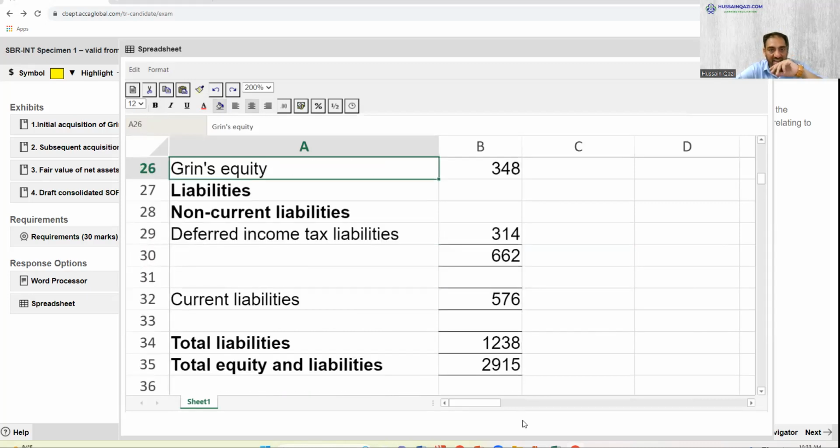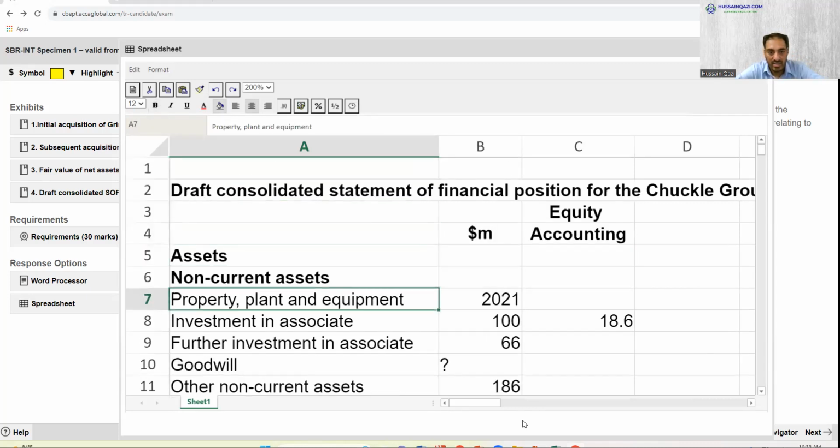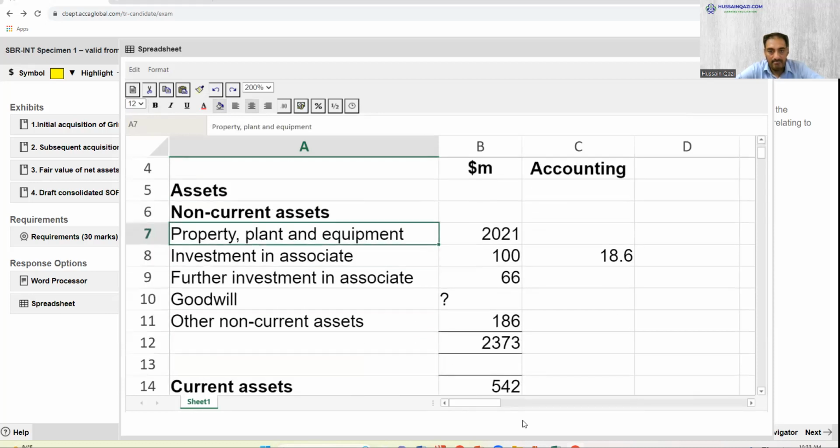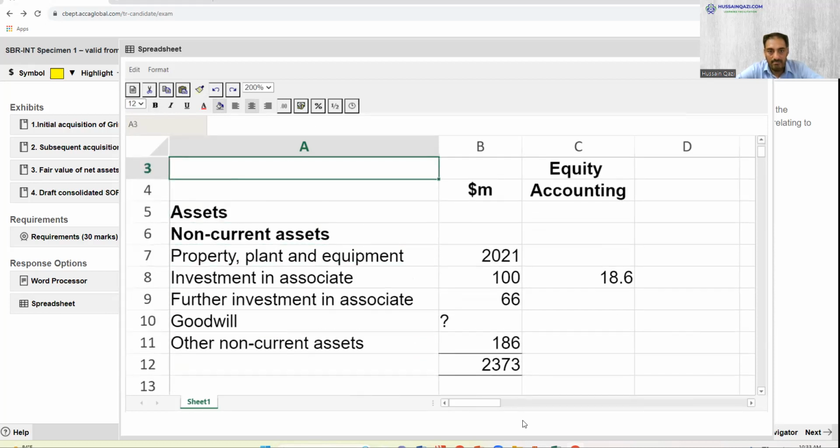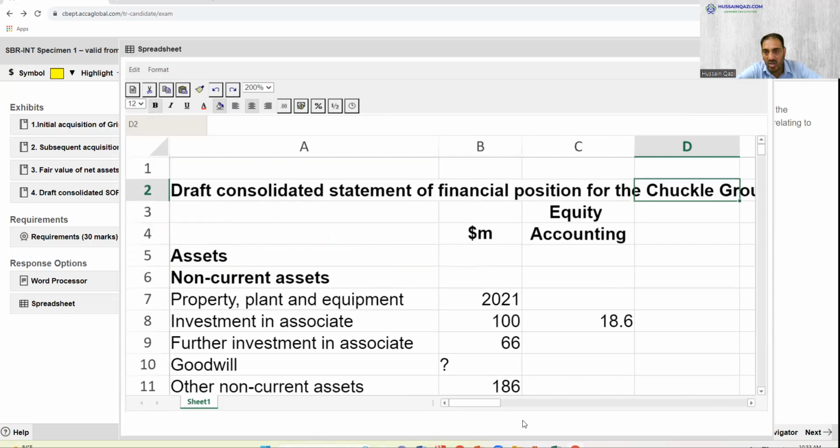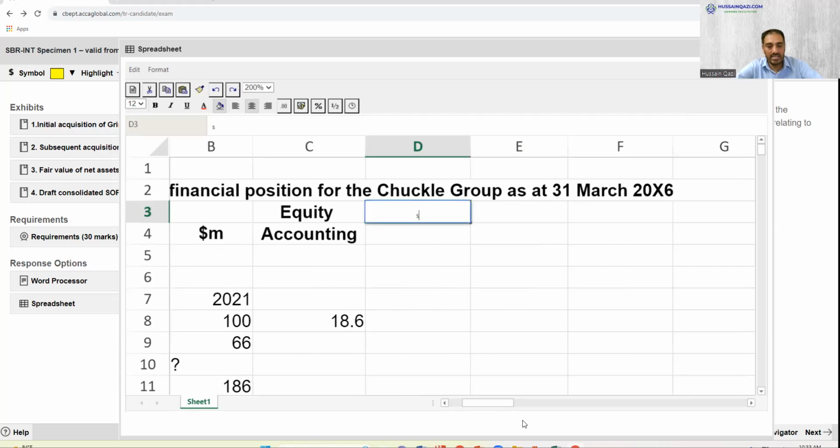And we need to put the fair value adjustment, and we have to add a column that's called a step acquisition adjustment.